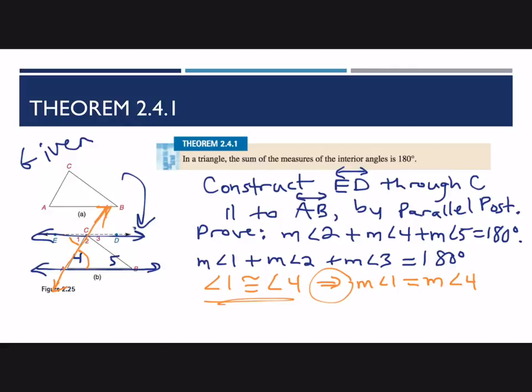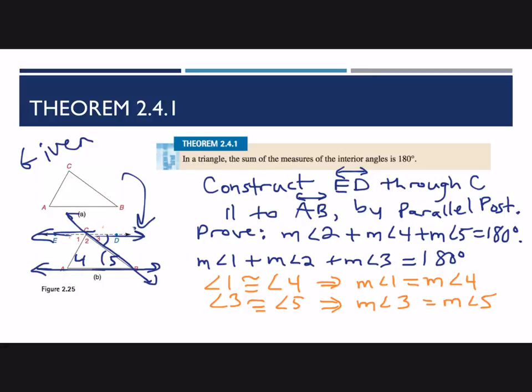So since the angles are congruent, then their measures are equal. Similarly for angles 3 and 5, if we think of CD as the transversal, then 3 and 5 are also alternate interior. So we know 3 and 5 are congruent, and therefore their measures are equal.